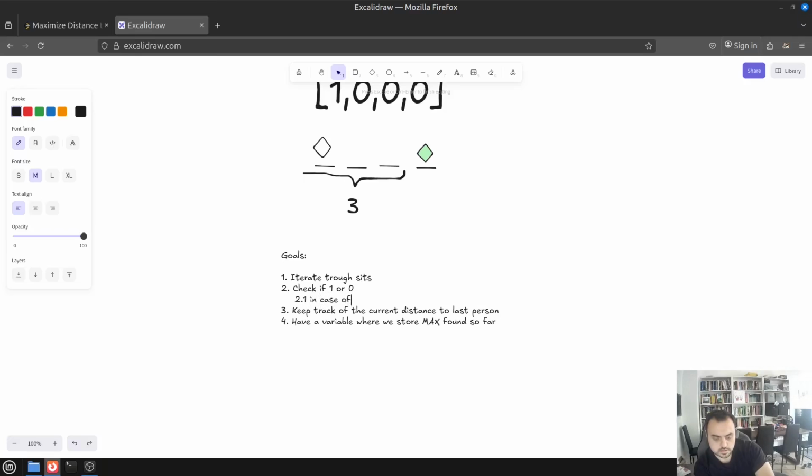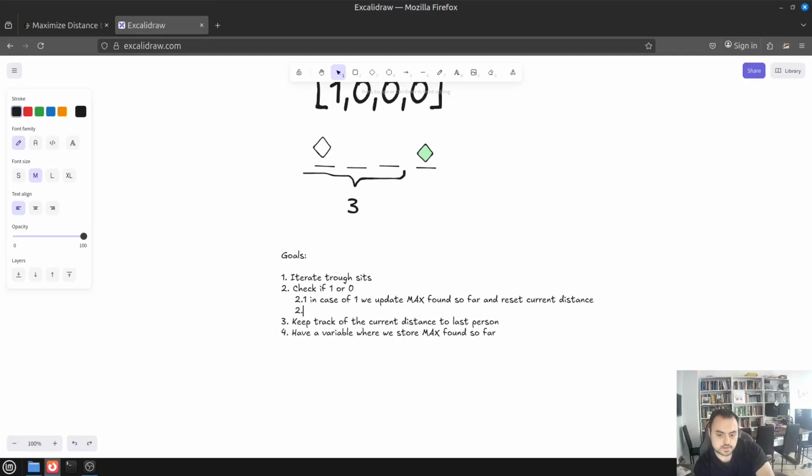In case of 1, we update max found so far and reset current distance. And in case 2, we increment not of 0.